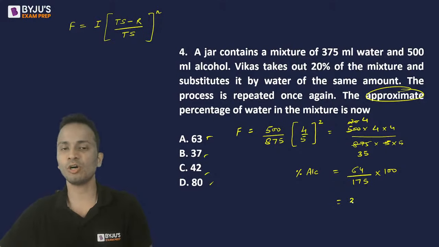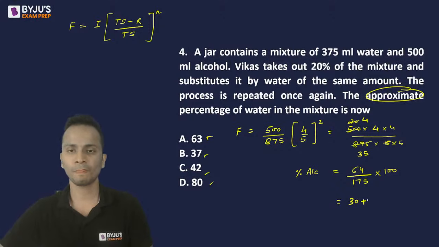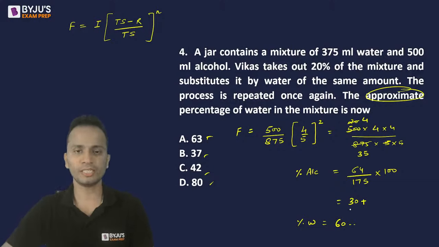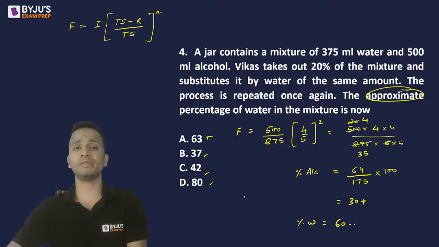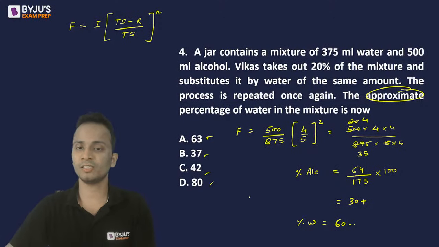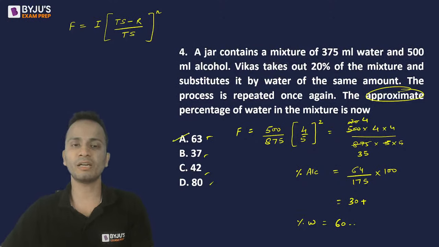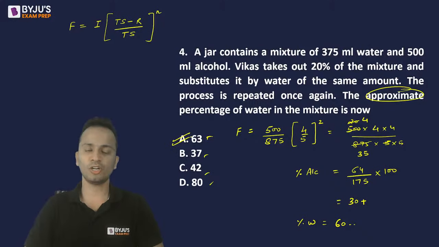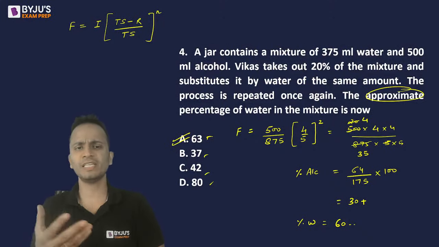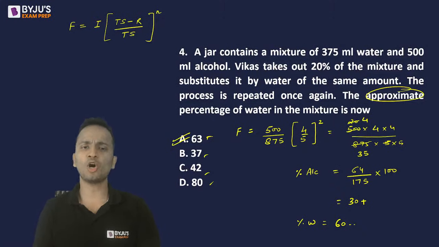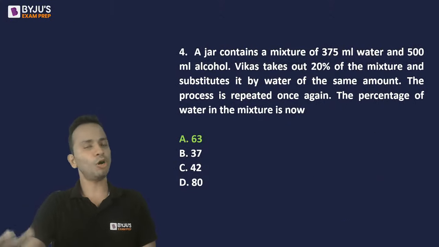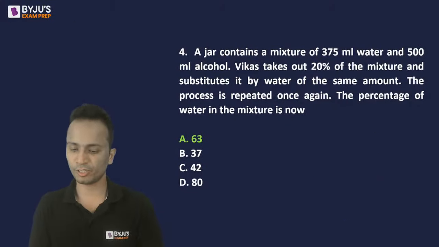So percentage of alcohol will be 30 plus. So I can say that percentage of water should be somewhere in the 60s, 60 plus, right? I'm calculating an approximate answer, which should be somewhere around 63 percentage. All right. So among the four options which are given, it is safe to mark option A as your answer. Option A is the correct answer for this one.